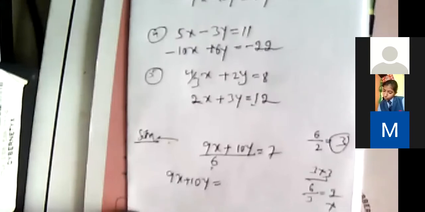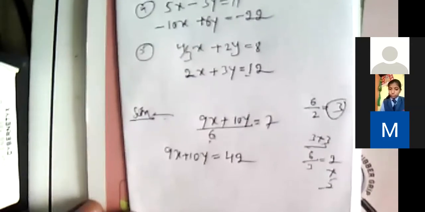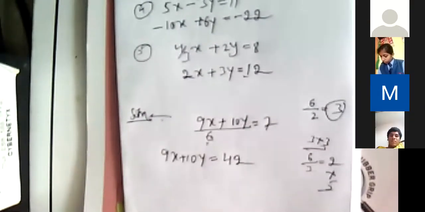Therefore 9x plus 10y is equal to this 6 multiplied with 7. 7 6 are 42. Therefore 9x plus 10y minus 42 is equal to 0.